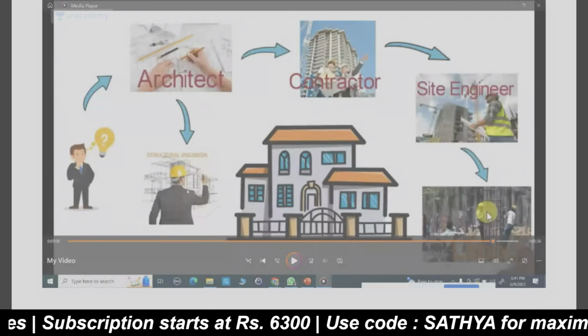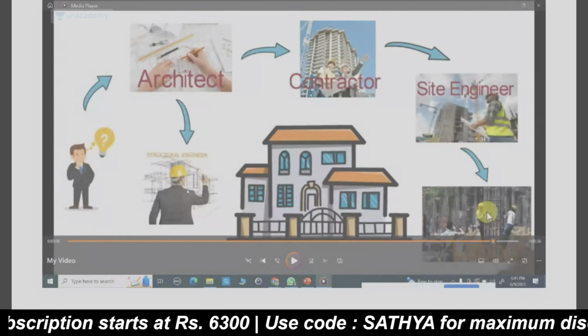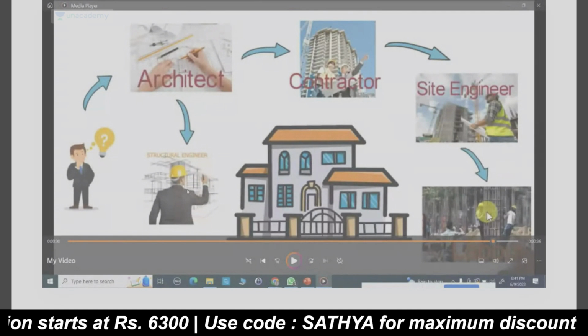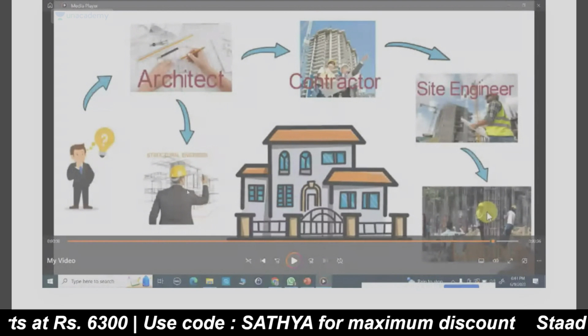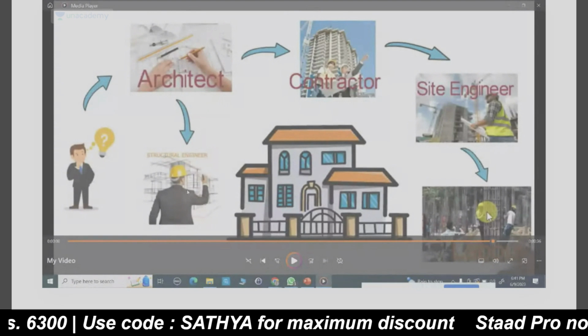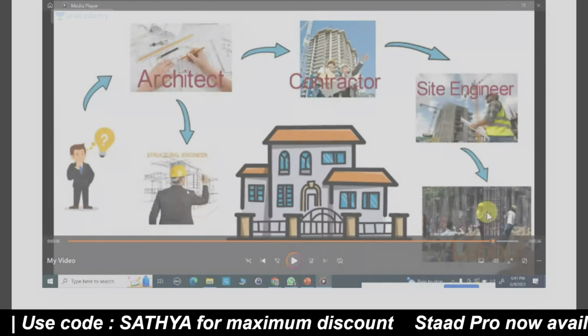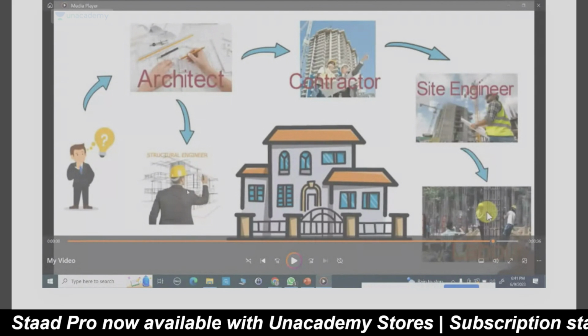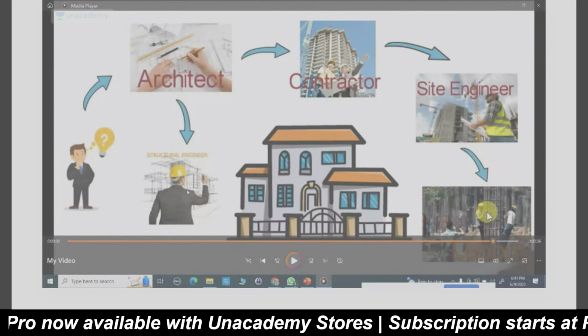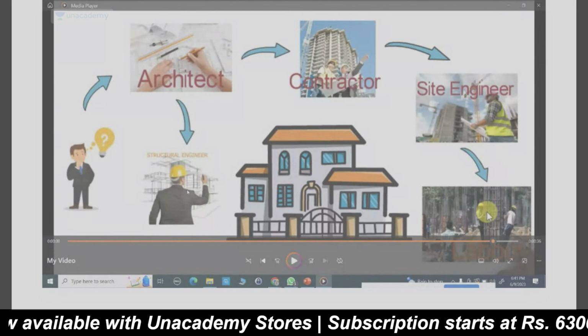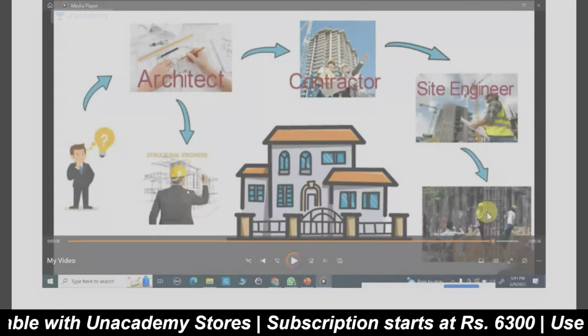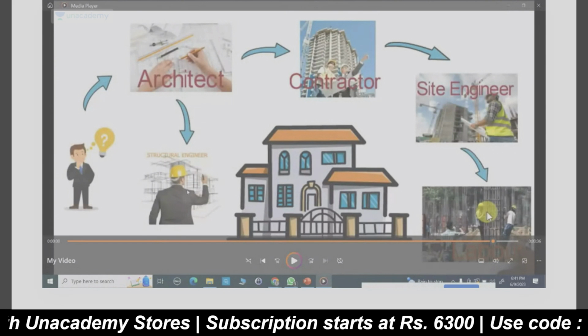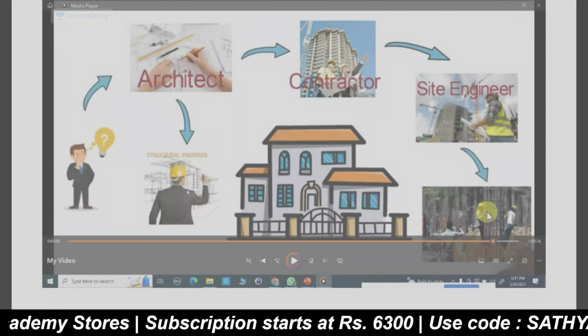Here you should understand the difference between the architectural drawing and the structural drawing. The architectural drawing mainly has the dimensions of the building. That means the plan will have the actual dimensions, and then the elevation, how the building looks.